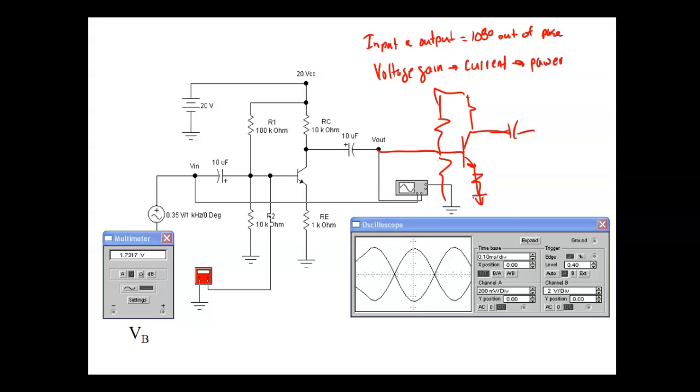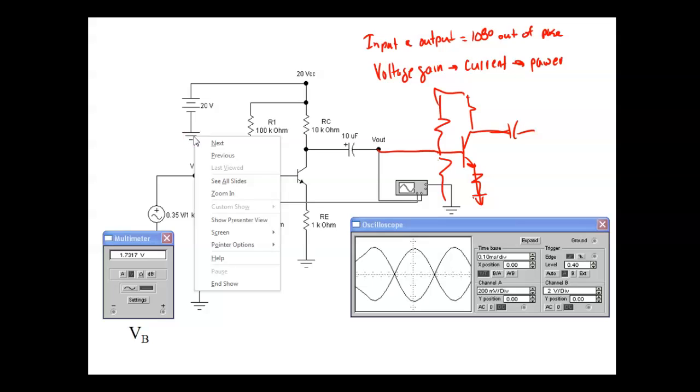Just because it's in ohms, it doesn't mean it's a meter. Your meter measures resistance. Your meter does not measure impedance. So what's the difference between resistance and impedance? They're both measured in ohms.